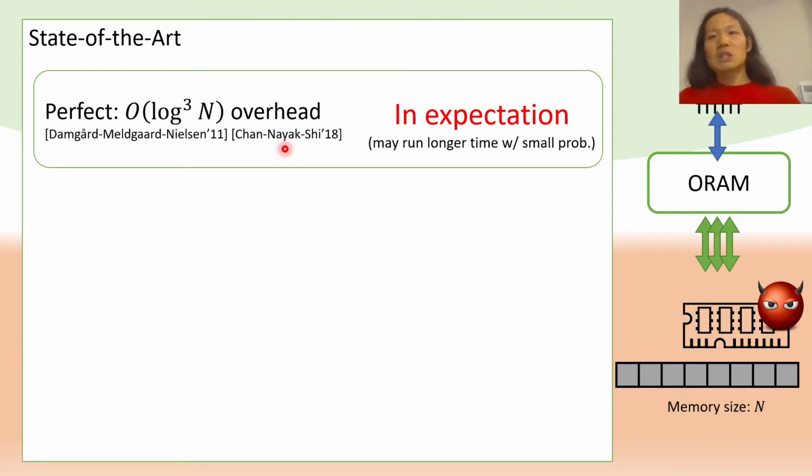I want to stress that in these longer-running events, the algorithm remains perfectly secure and perfectly correct, because these constructions carefully ensure that for any sequence of logical operations, this small probability event happens identically.